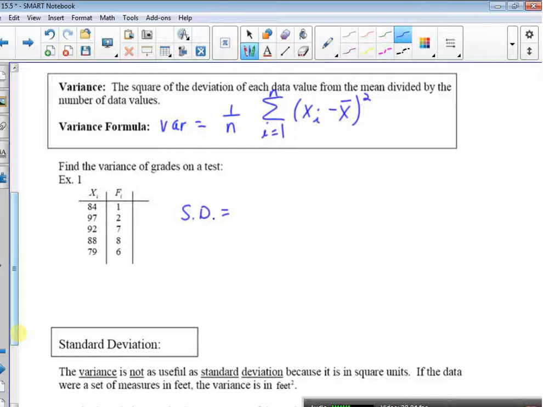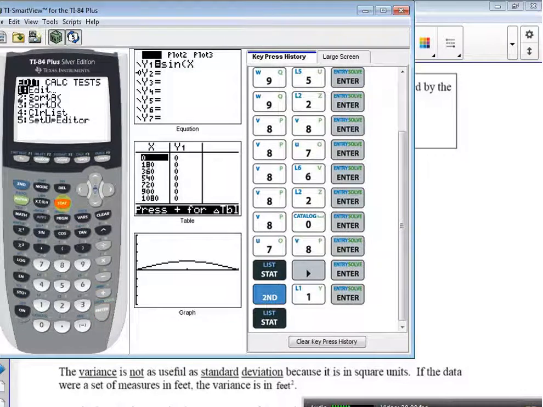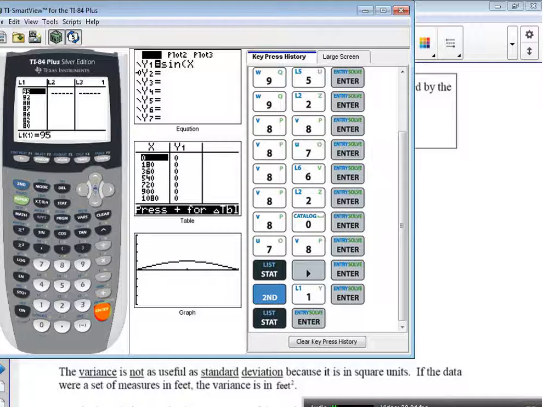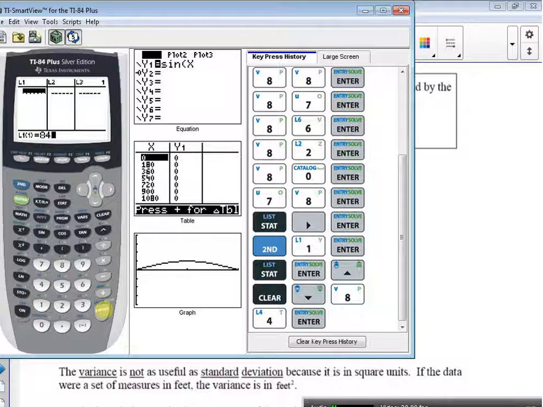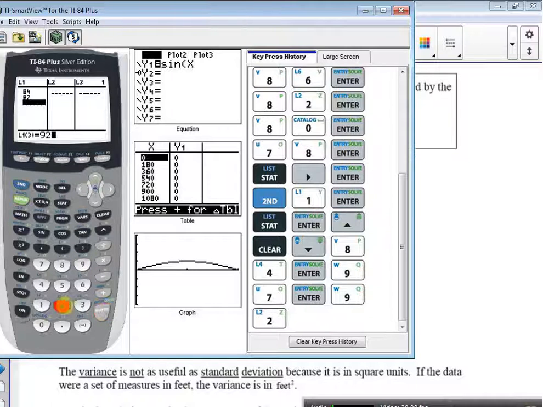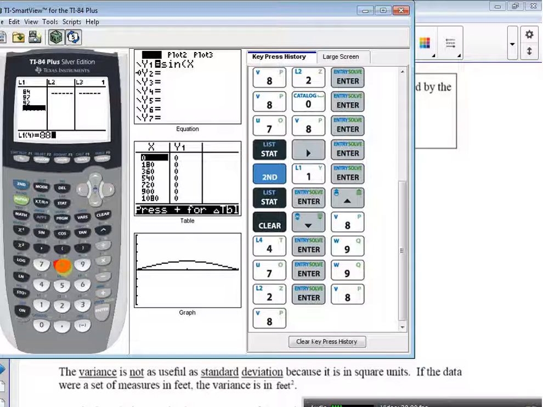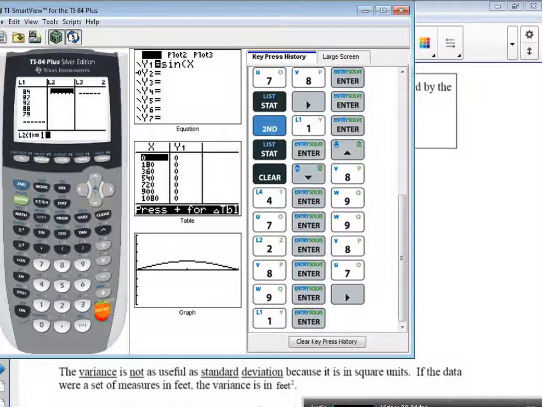If we go back into our calculator and enter that in, we would have 84, 97, 92, 88, 79, and in L2, 12786.